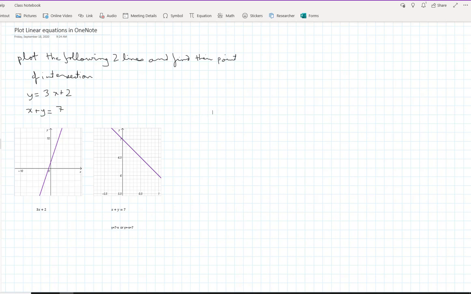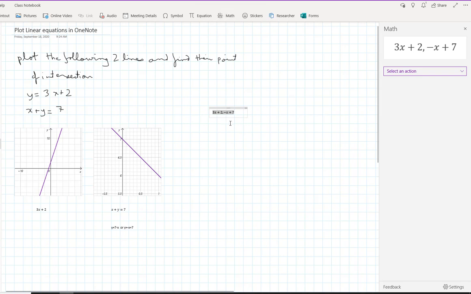So we just type in 3x plus 2, comma, and now -x plus 7. What's important is that when you select here, see that I use the dash, the hyphen for the negative sign. When you click on the math, it converts it into a larger negative sign.